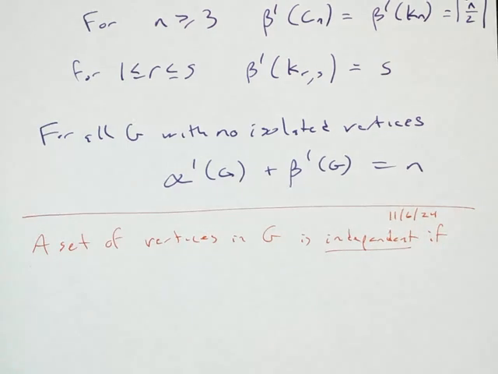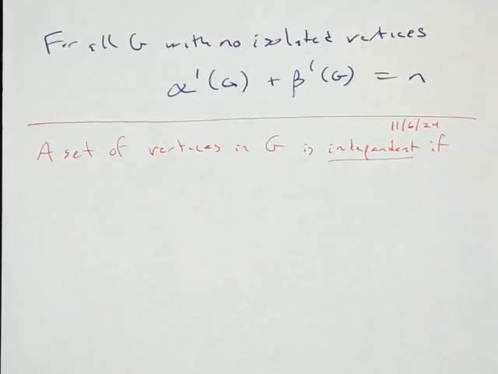So what do you think independent vertices are, based on the idea of independent edges? What do I mean for edges to be independent?